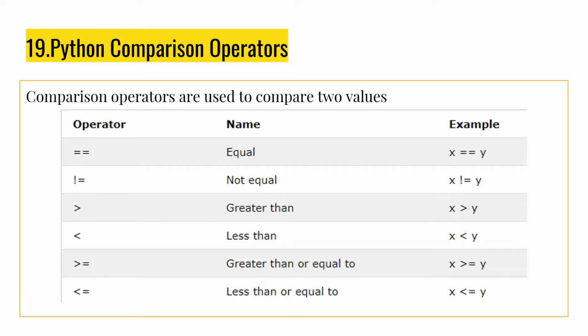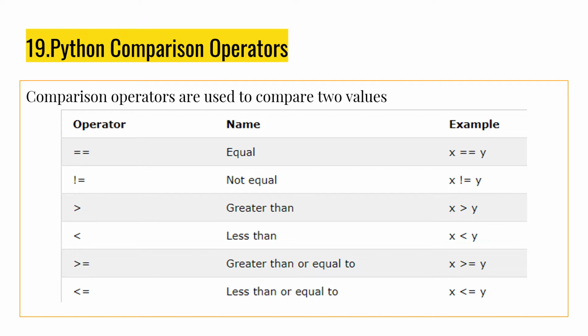The next question in Python would be: what are the comparison operators available in Python? Or they can ask, how can you compare two different values or two different results? You should not always think of x and y as a single value. It can be the result of an expression, or it can be a condition, who knows.